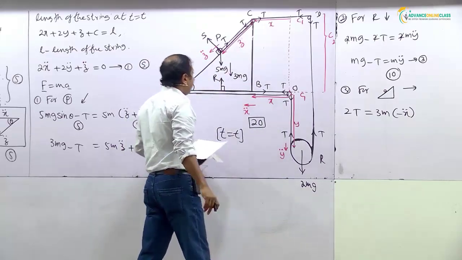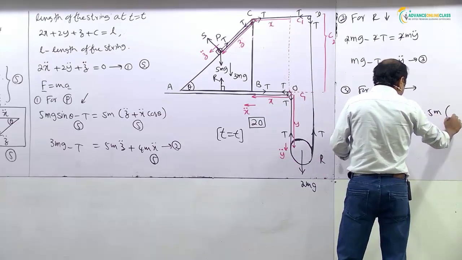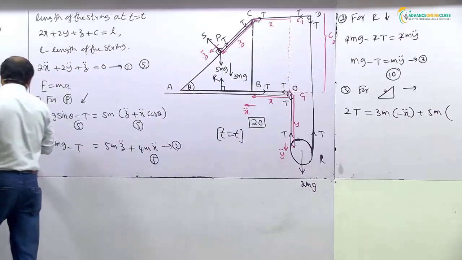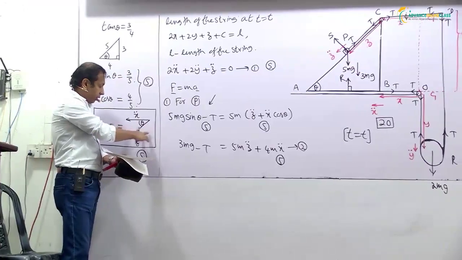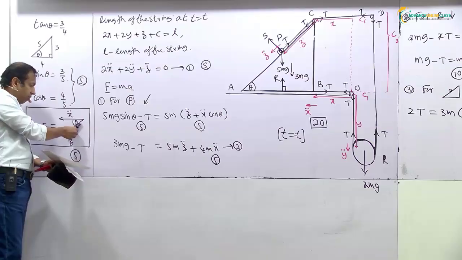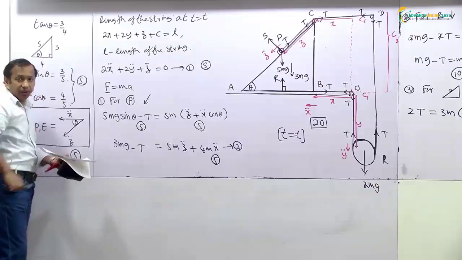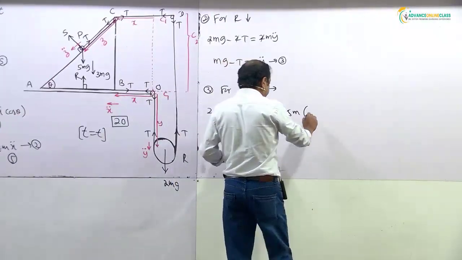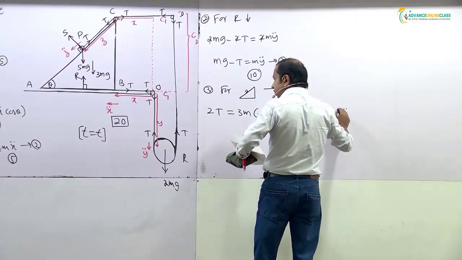And here 5m, acceleration should be taken from here. It is x double dot plus z double dot cos theta, leftward, but we apply rightward. Therefore, that should be minus. Minus x double dot plus z double dot cos theta.